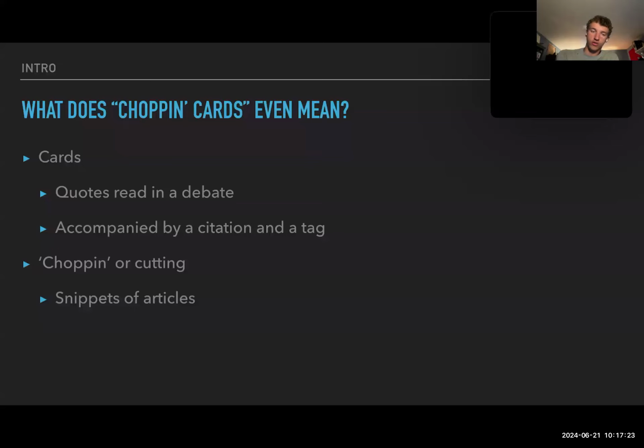And then cutting articles refers to selecting a portion of an article and cutting it out and pasting it onto a card, which is how they did it before we did computer debate. Back in paper debate, they would copy it and then cut out a part of an article and then paste it on a card, which is why we call them cards.